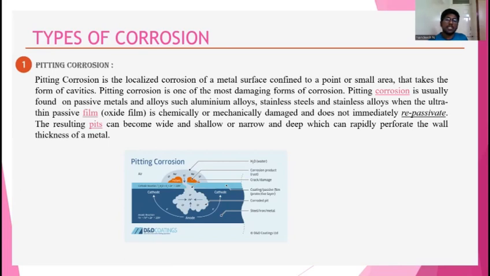The resulting pits can become wide and shallow or narrow and deep, which can rapidly perforate the wall thickness of a metal. This is a picture of an example of pitting corrosion.